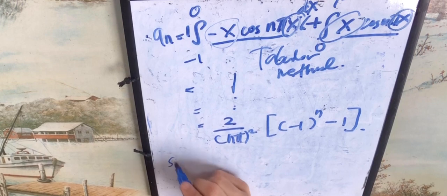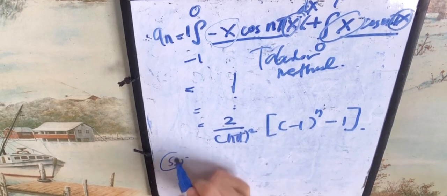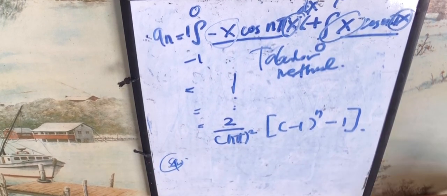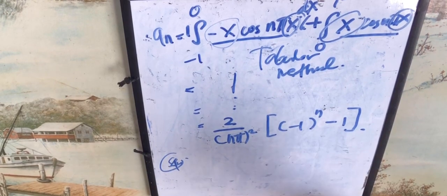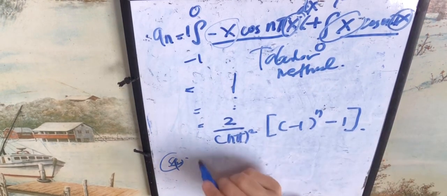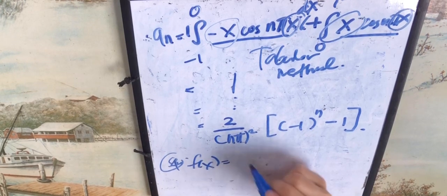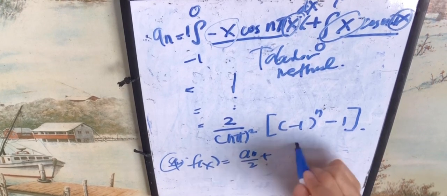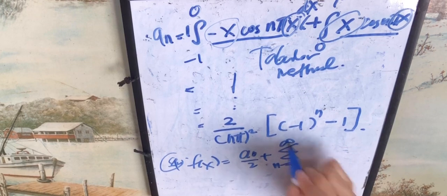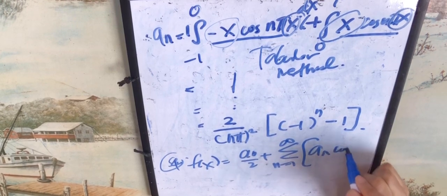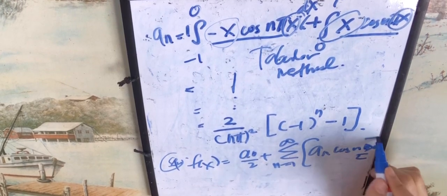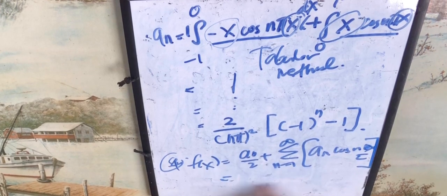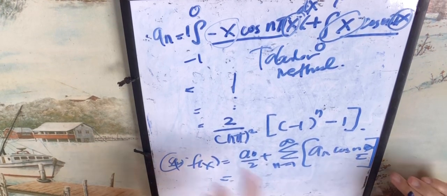Next, I don't remember which step, step 3 or step 4. Next what we do is, you already have the values for a0 and a_n, right? So you just substitute back into this formula. What is your a0, what is your a_n?